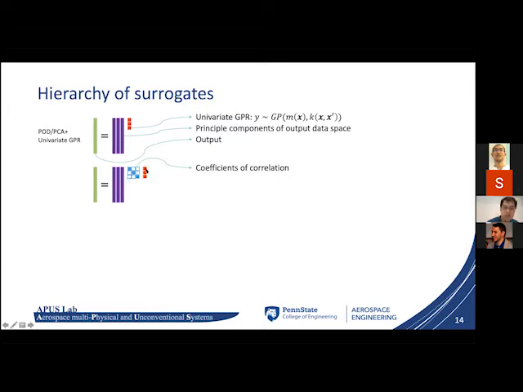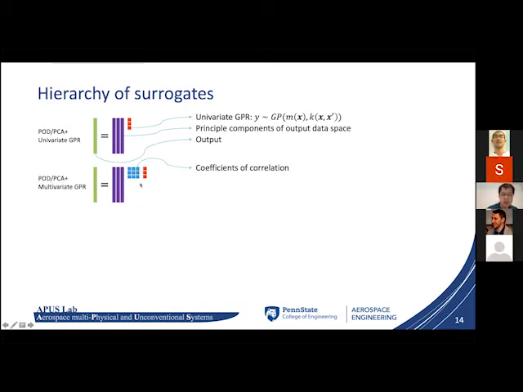And now that these GPRs are not correlated to each other, that means our correlation matrix is actually a diagonal matrix. But certainly we can make it fully populated, and that gives us a multivariate GPR, namely this entire thing, this small matrix multiplied by the GPR here.